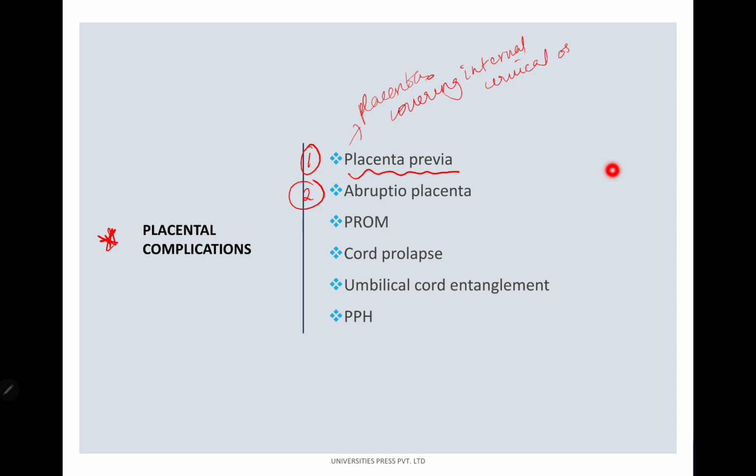The next placental complication is abruptio placenta. So what is this abruptio placenta? Abruptio placenta is the most common form of antepartum hemorrhage, where the bleeding occurs due to premature separation of a normally situated placenta.